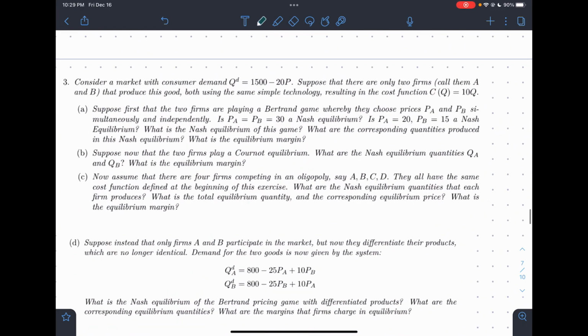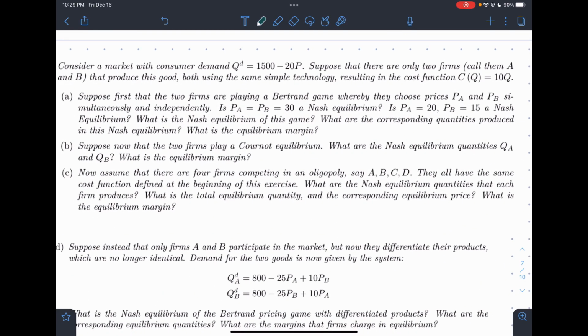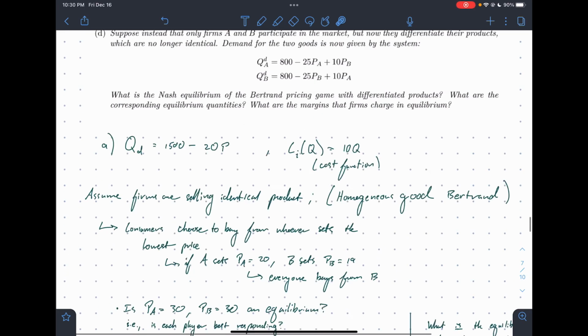Now, we're going to assume there are 4 firms competing. Each of them has the same cost function. Now we're going to find the Nash equilibrium quantities, the total equilibrium quantity and the corresponding equilibrium price. So the way that we do this is going to be similar.